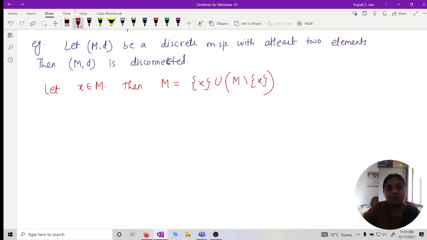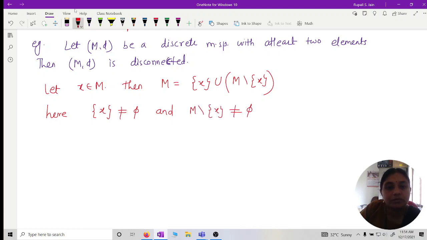How many elements are in M doesn't matter. And what do we know about every subset of a discrete metric space? Which are disjoint as well as open?